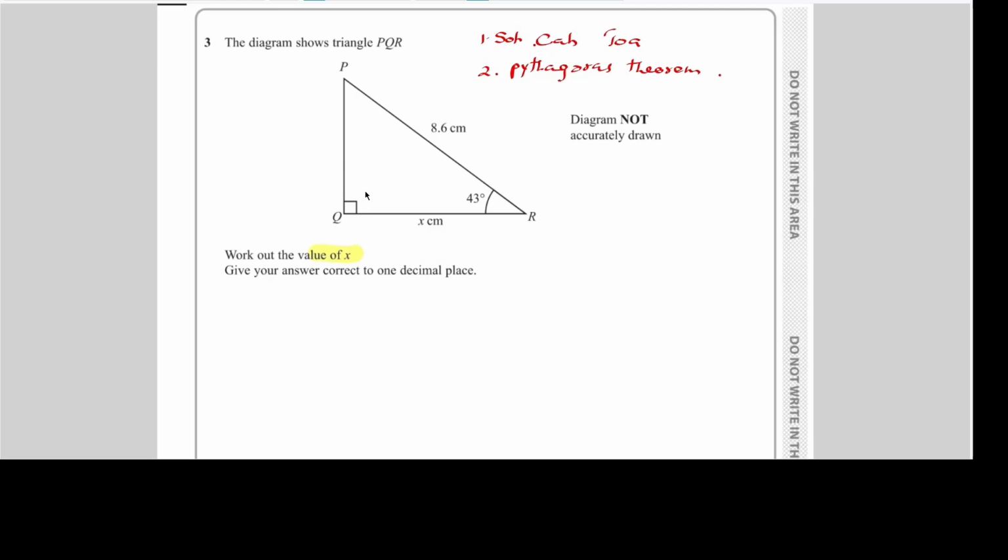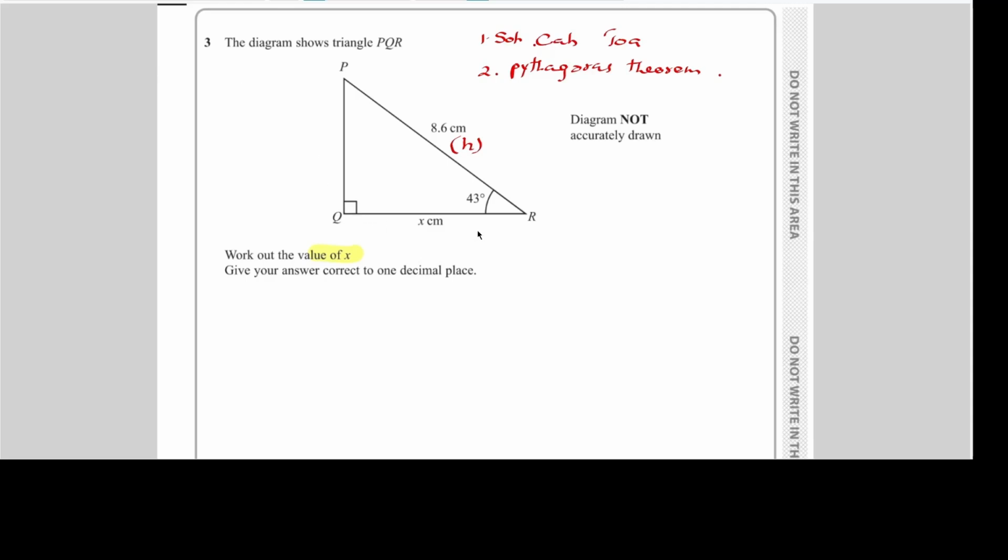You label all three sides of the triangle. First, the longest side, which is opposite to the 90-degree angle, is the hypotenuse, not the height. H means hypotenuse.